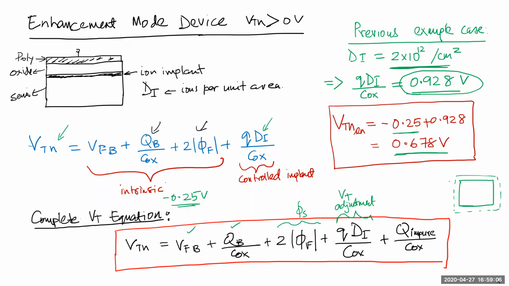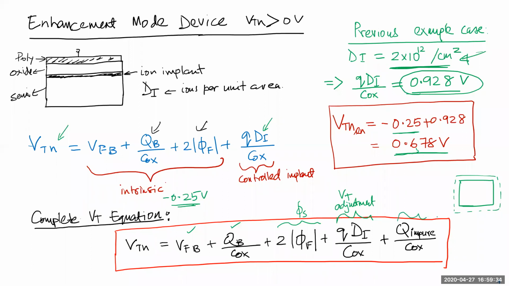So if I want 0.68 volts, I choose an implant where this many ions will be implanted. If I want 0.5 volts, then I want it less than 2 into 10 to the power 12. If I want 0.2, I want even less. So depending on the process, let's say I'm choosing TSMC, they might have 3 flavors, or XFAB might have just 2 flavors. And I just have to design within those 2 flavors, okay?